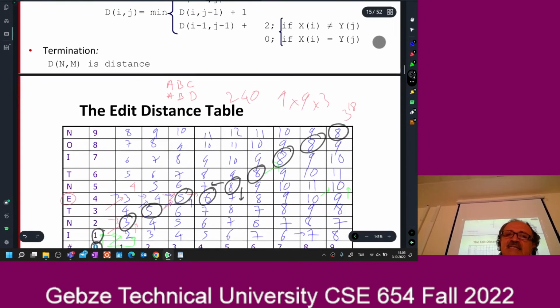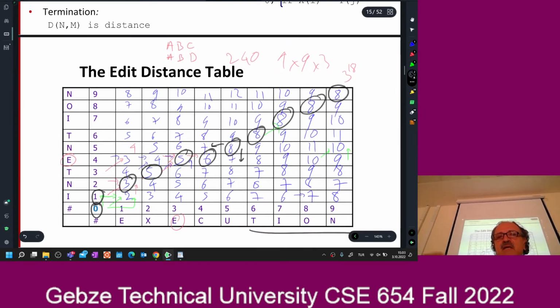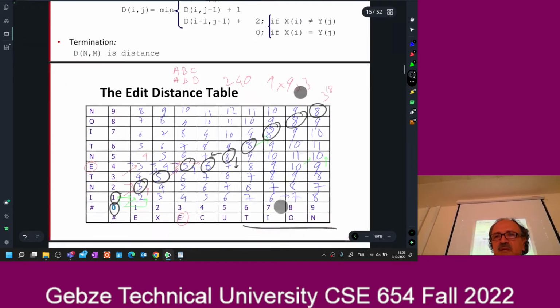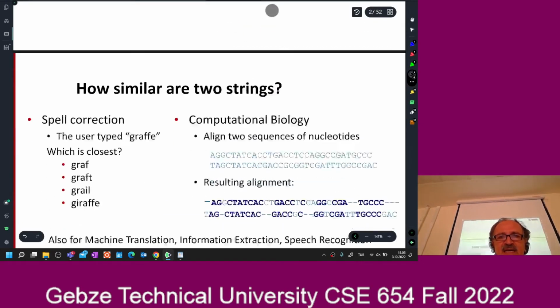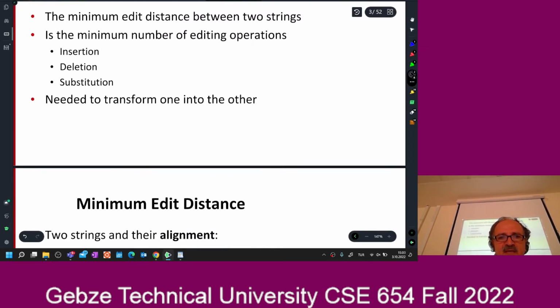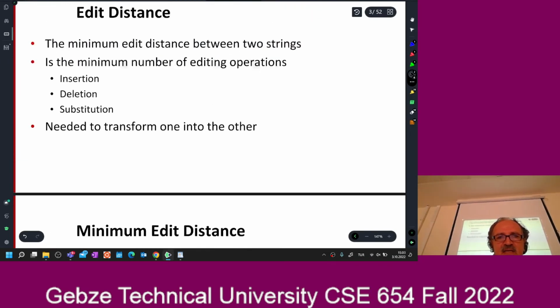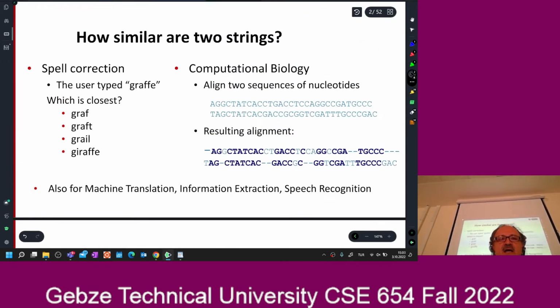This number is important because remember at the beginning, we said that I would like to find the edit distance between these two, and between these two, and this. And whichever produces the smallest number, I choose that one.